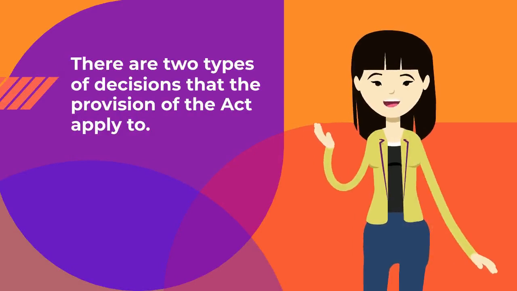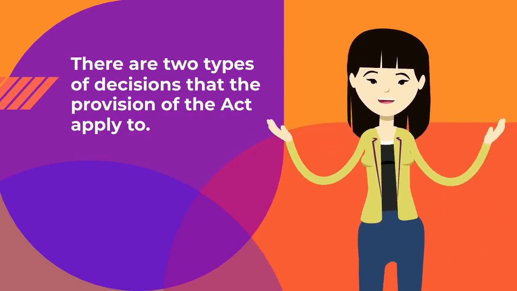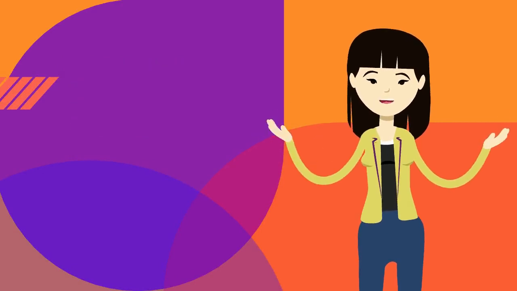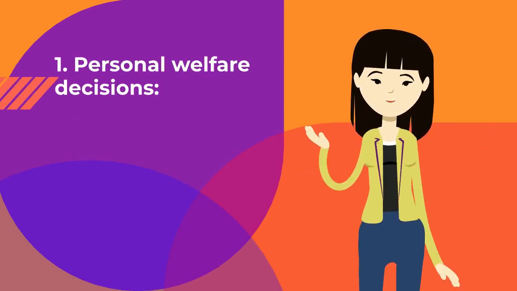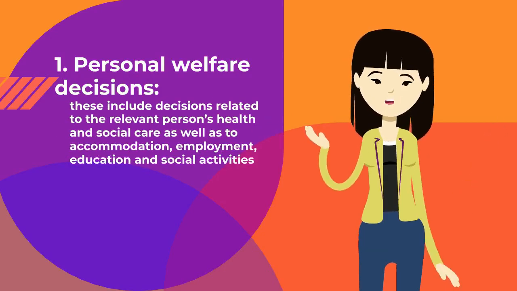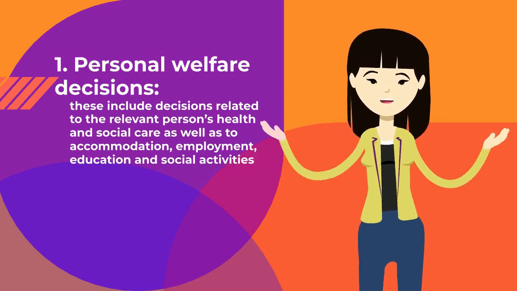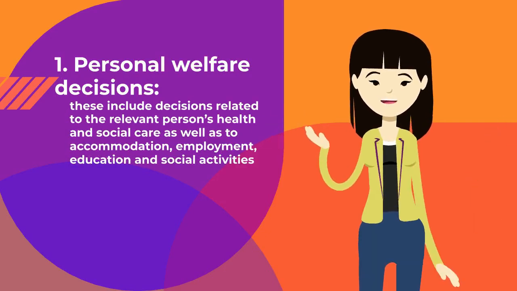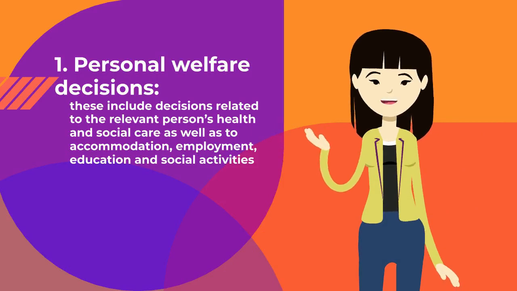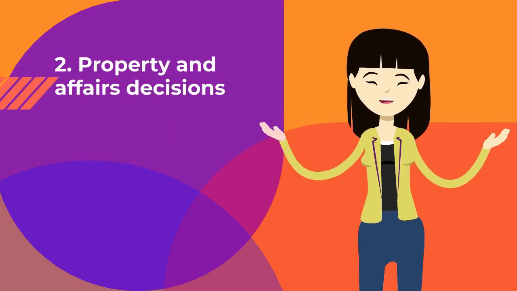Types of decision. There are two types of decisions that the provisions of the Act apply to. These are 1. Personal welfare decisions. These include decisions related to the relevant person's health and social care, as well as to accommodation, employment, education and social activities. 2.